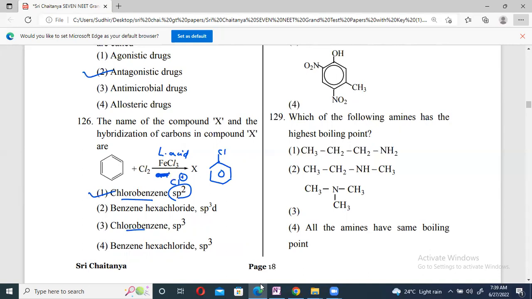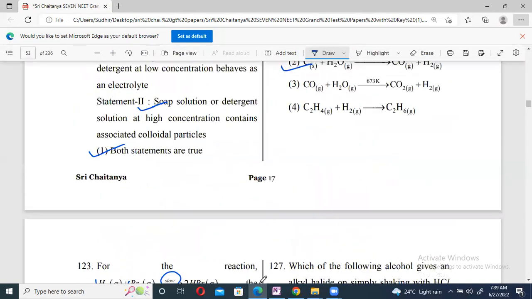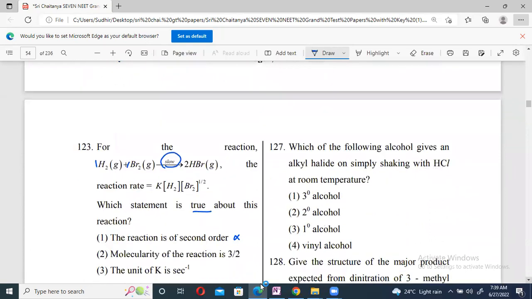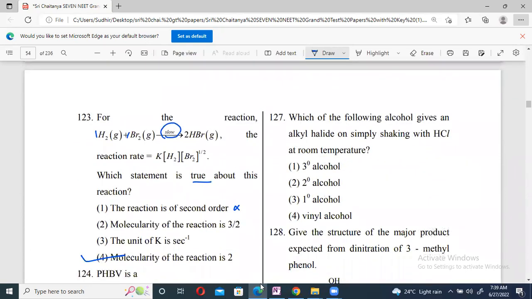Then 127 now. Which of the following alcohol gives an alkyl halide on simply shaking with HCl at room temperature? But you know, it is a Lucas test, or we can say it is a Lucas reagent. If the alcohol is 3 degree, within a fraction of a second, I will get the precipitate.